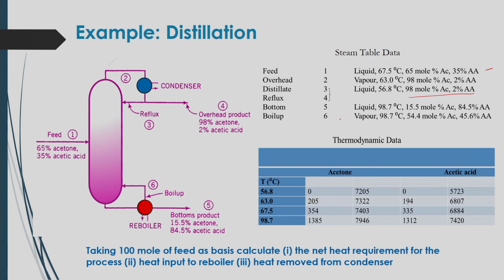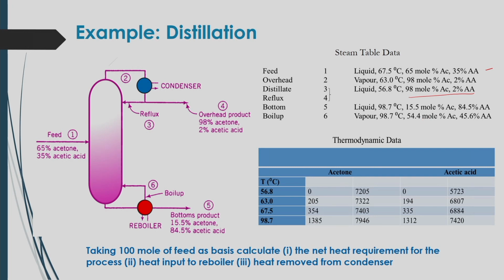And for the bottom product, in stream 5 the temperature will be 98.7 degrees Celsius, and the mole fraction of the components will be 15.5% acetone and 84.5% acetic acid.